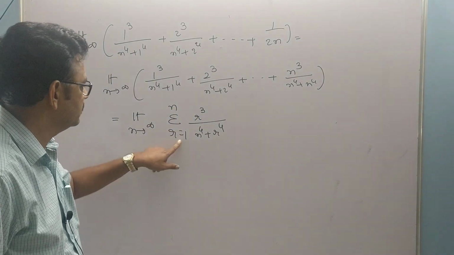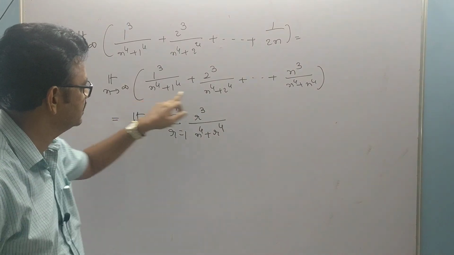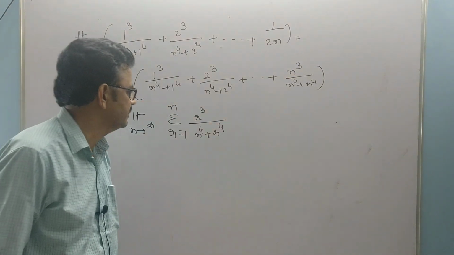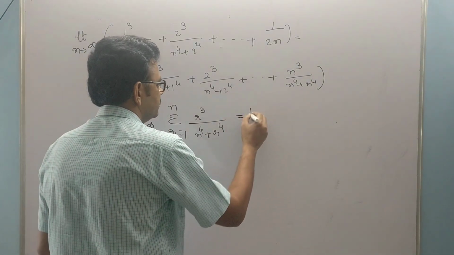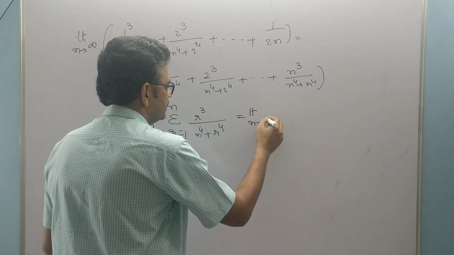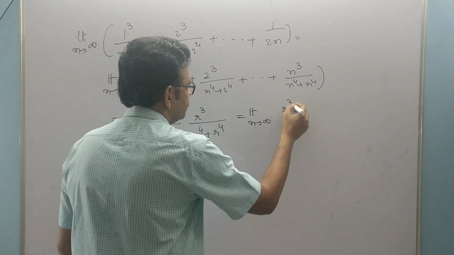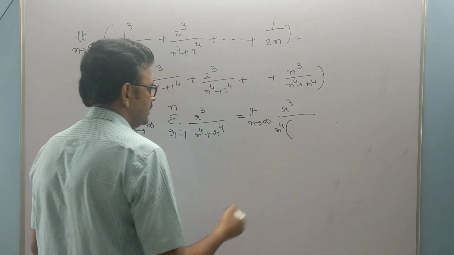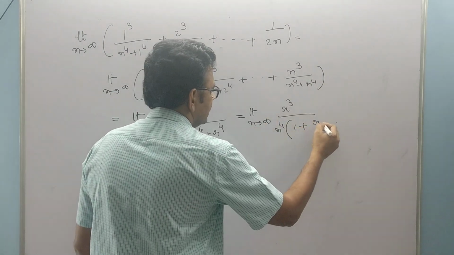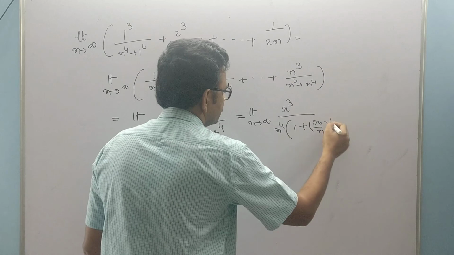Okay? If you write r equal to 1, r equal to 2, up to r equal to n, this one. This is equal to limit of n tends to infinity, r cube by n power 4 common, so this is 1 plus r by n whole power 4.